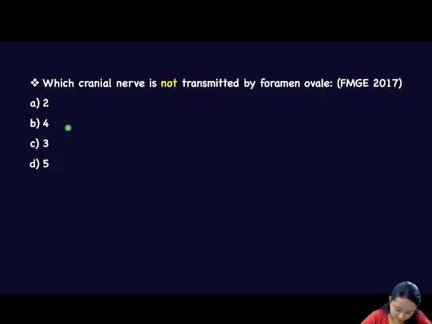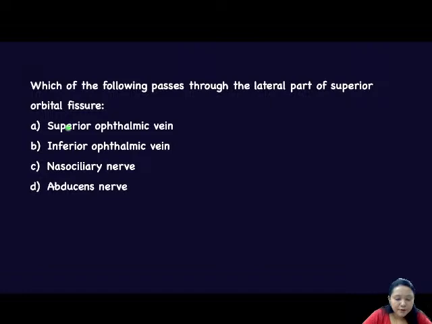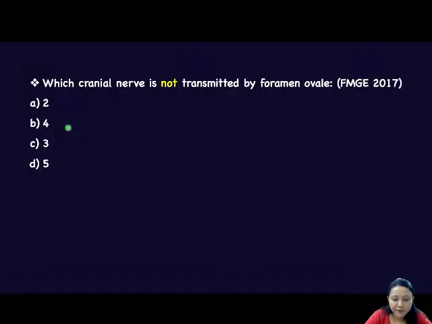I want an answer for this from the chat. Which nerve does not pass through the foramen ovale, of all of the following? I want you to answer at the last session of this slide. Think about what it is.